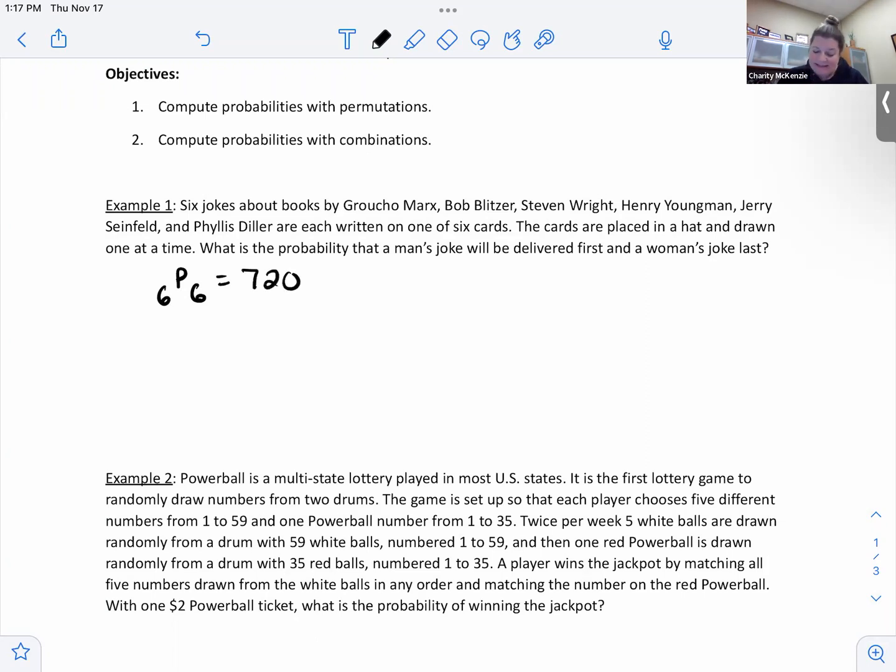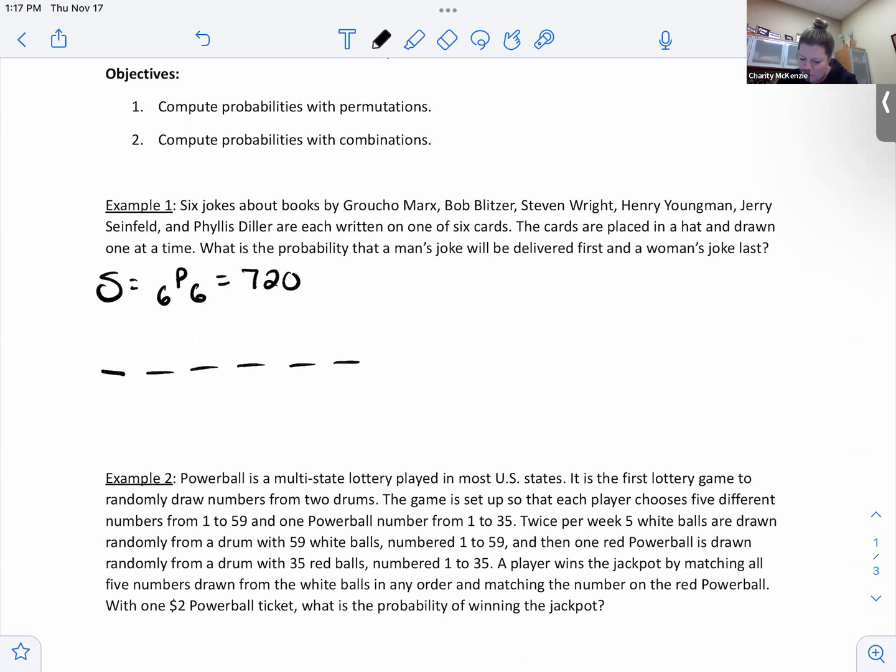Okay, so this is our S, or our sample space. It's our denominator. That's how many different ways there are to pick 6 of 6. That's a lot. Now for our event, what we're actually talking about, we have 6 things.